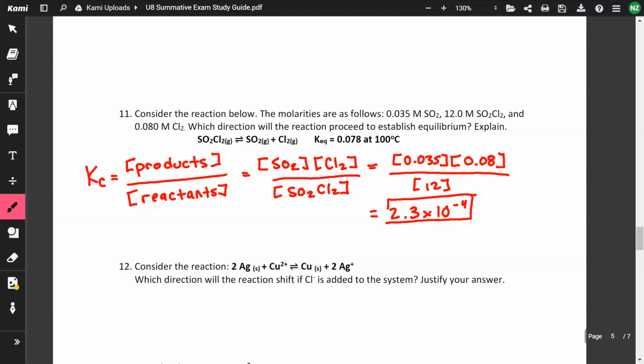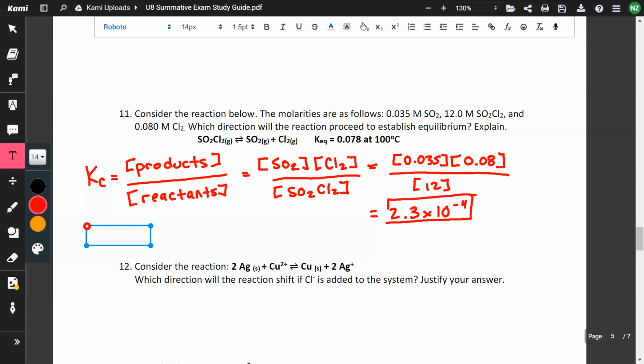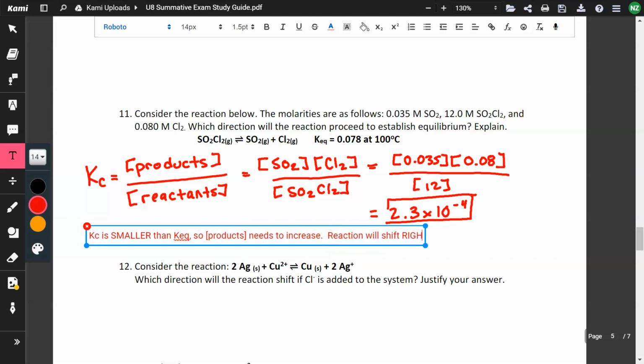Now, it said which direction will shift, and it gives us a Keq. Okay, so Kc is smaller than Keq. So the concentration of our products needs to increase. We need a larger numerator, so the reaction will shift right to make more products.